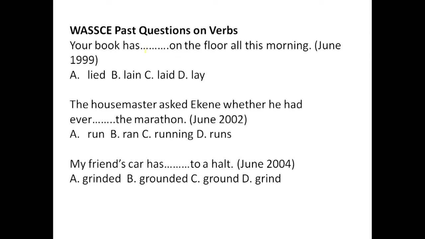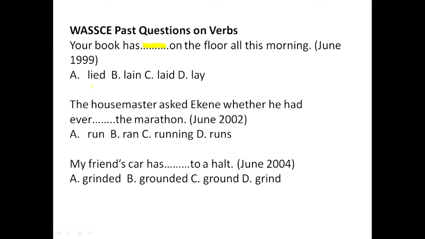But after the blank, we have "on". It means that the verb occupying the space is supposed to be intransitive, because just after it we have "on", and "on" is a preposition.